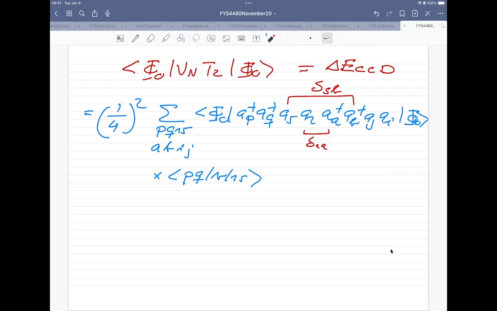Then there is a set of contractions here, which will give us delta QJ. And then we have this one, which gives us a delta PI. So we have these four Kronecker deltas due to the contractions. And we know that we can also interchange this.